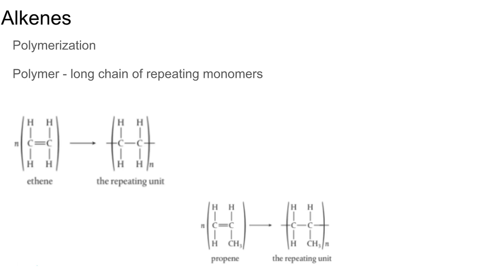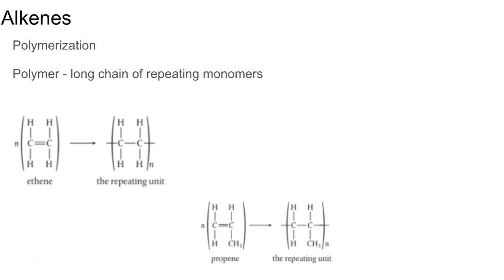Alkenes can be polymerized. So polymerization, a polymer is a long chain of repeating monomers. And so here we have ethene, and the repeating unit of ethene is actually C2H4. And here we have propene, and so the repeating unit of propene is C3H6 right there.